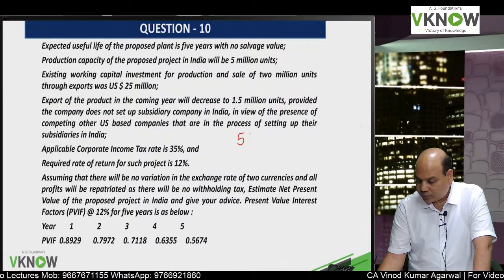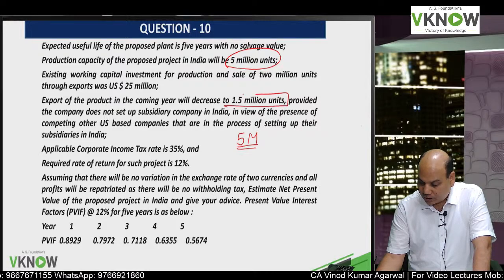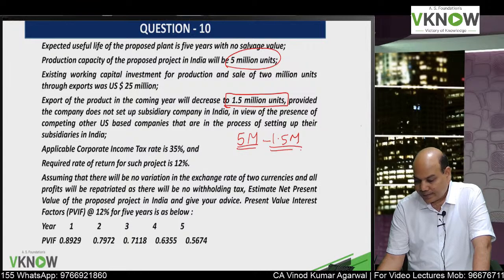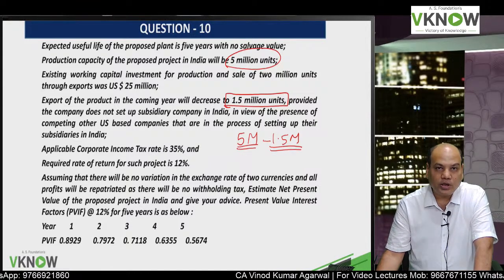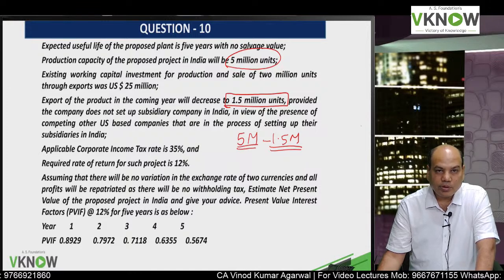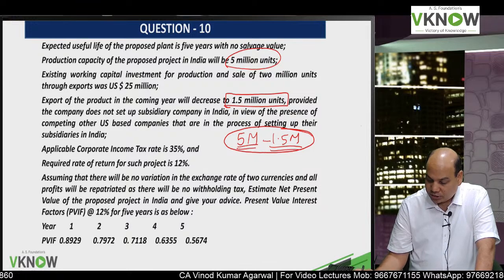If I set up the plant in India, the output will be 5 million units. But if I don't set up the plant in India, in future my export to India will be 1.5 million only, because there will be more competition in India.